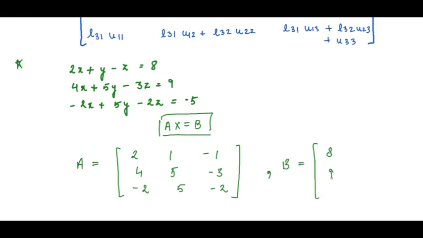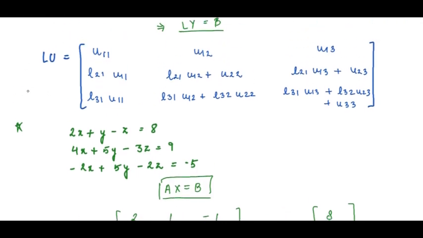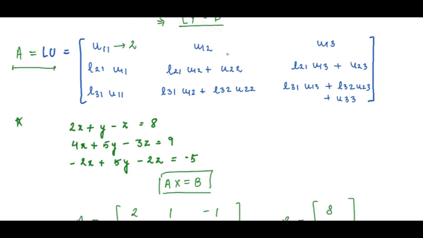Now assuming A equals LU, where L and U are lower and upper triangular matrices, from A equals LU we obtain U11 as 2, U12 as 1, and U13 as minus 1.